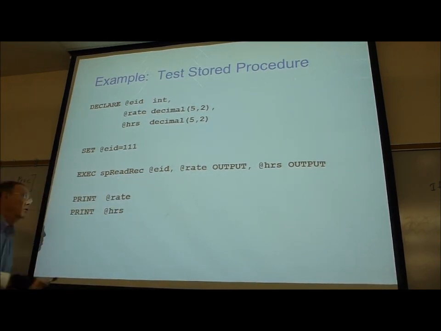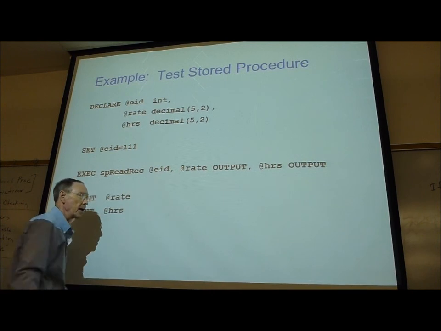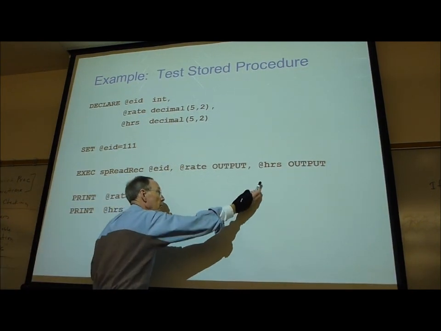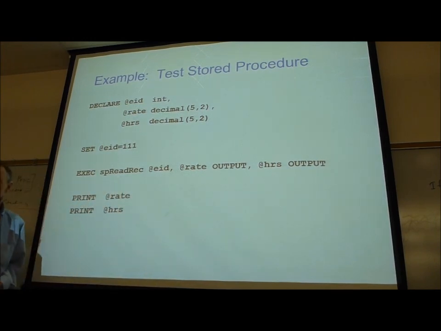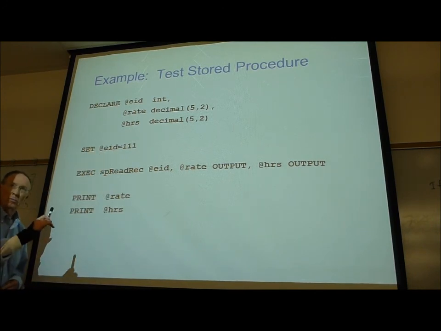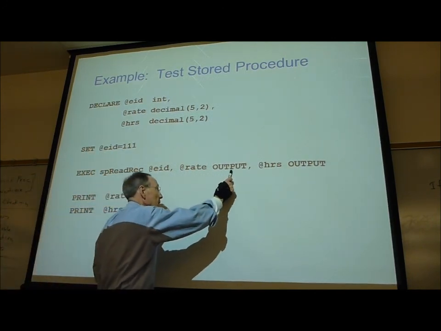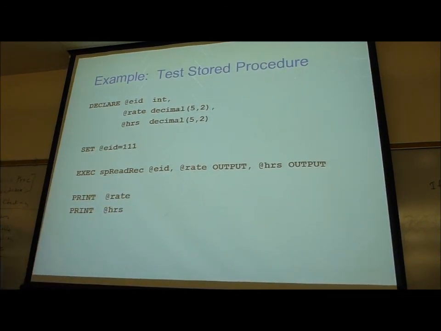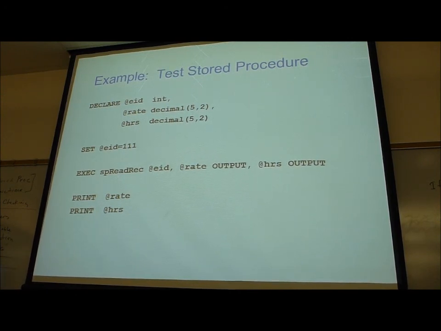I'm passing in a value here, and these get returned and copied into them. The stored procedure copies into those, and you'll note I've got to specify that those are output. I think they've improved the compiler enough to realize I already said they were output, but you've got to tell it again.